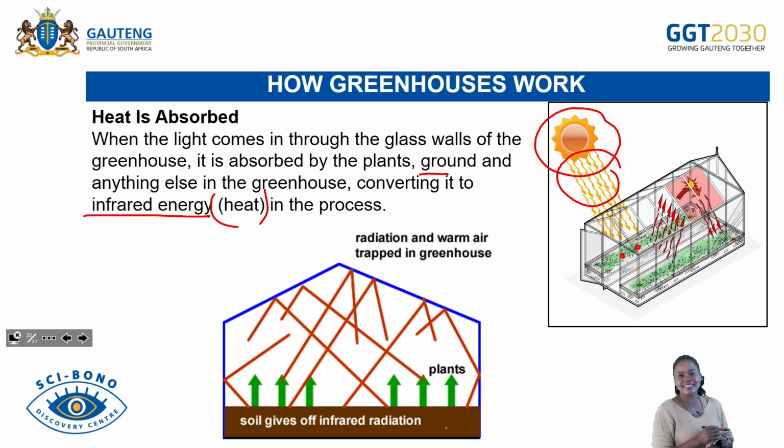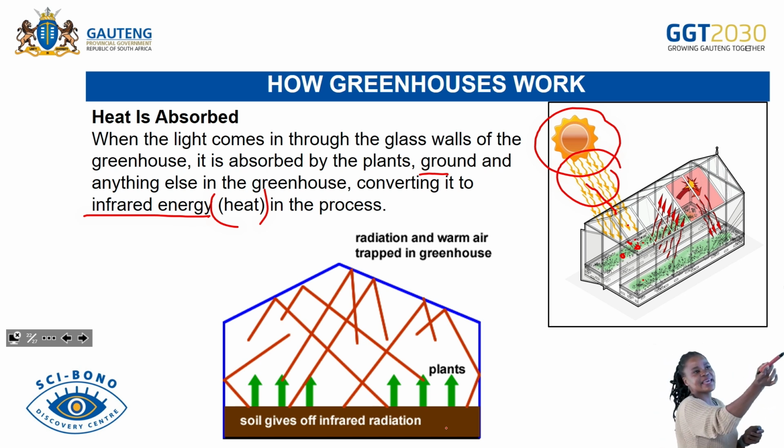Infrared energy is heat energy. So when it is outside the greenhouse, we are not referring to it as infrared energy. But as soon as it reaches everything that is inside the greenhouse, it will be converted into heat energy. So can you see now that we have our sun energy passing through the transparent glasses, and then it gets inside the greenhouse, and everything inside the greenhouse will absorb that sun energy.